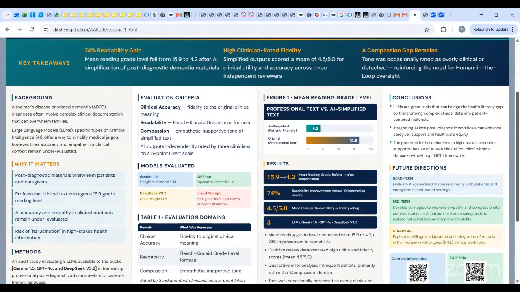I don't remember, I think it is a 74% improvement in readability, with the level decreased from 15.9 to 4.2. So basically, from high school level to fourth grade, primary level language.